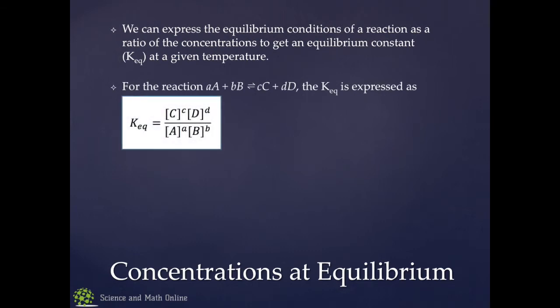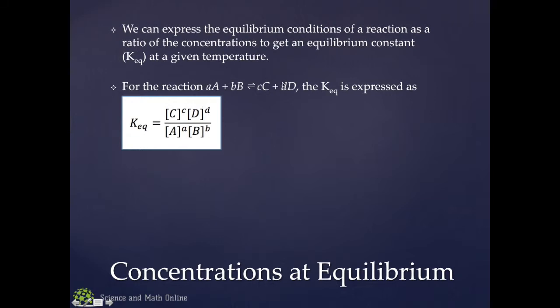So if you have a reaction in what we call the standard form, A plus B gives me C plus D, where the lower script numbers are the coefficients, you're going to take the concentration of your products over the concentration of your reactants. And each one's going to be raised to the power of its coefficient.